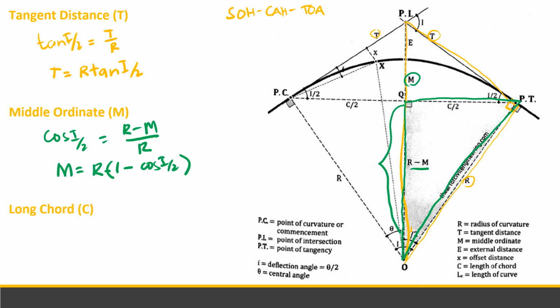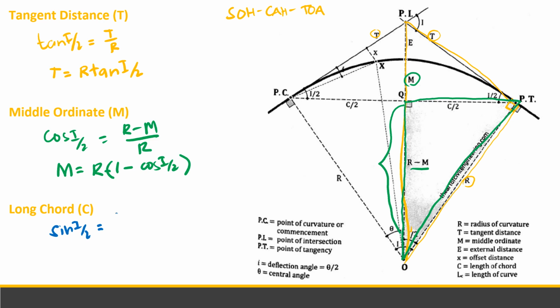So next naman is yung long chord natin. So considering triangle Q, PT, and O, so same triangle, but yung gagamitin natin is sine na formula. So sine I/2 is equals to the opposite over hypotenuse.